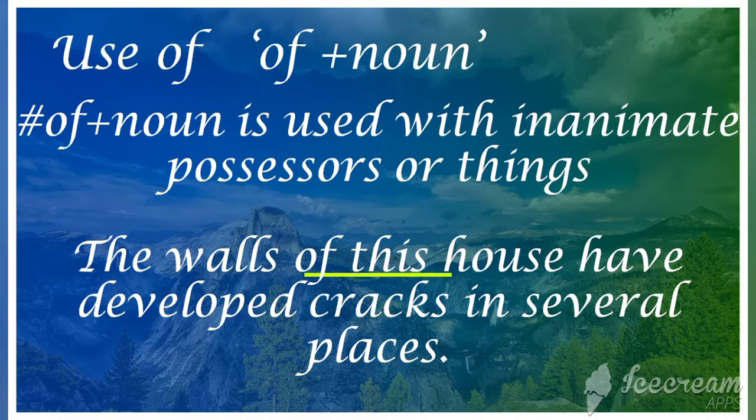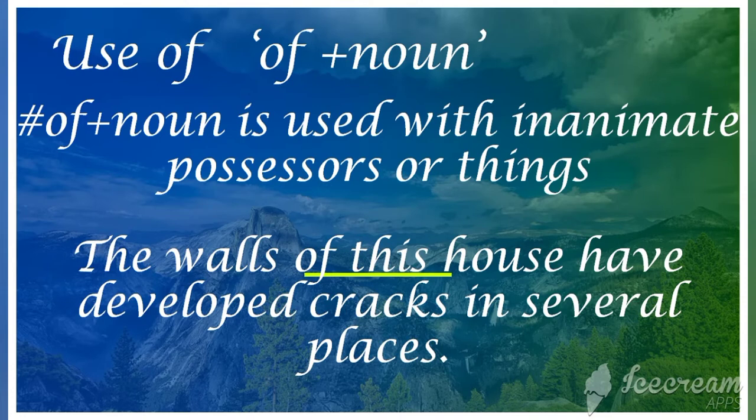The first use of of plus noun is with inanimate possessors or things. What is meant by inanimate? Not alive, so non-living things. The walls of this house have developed cracks in several places.